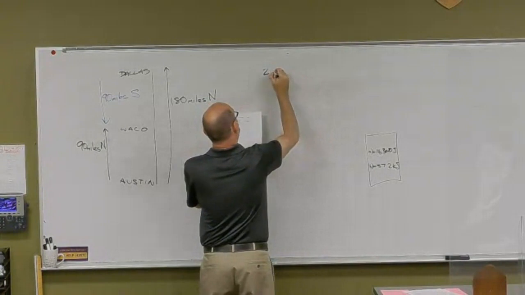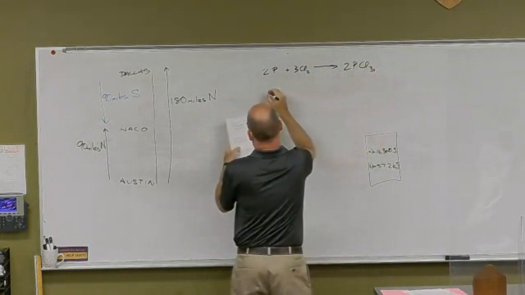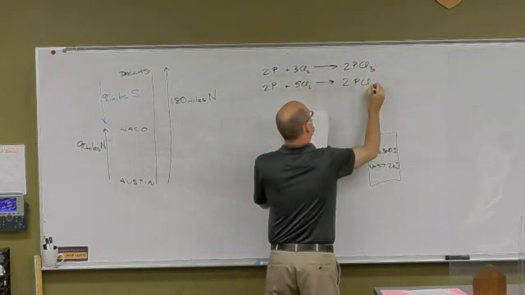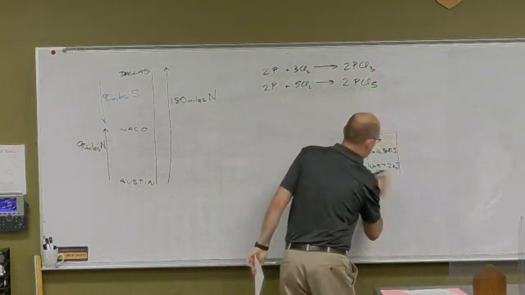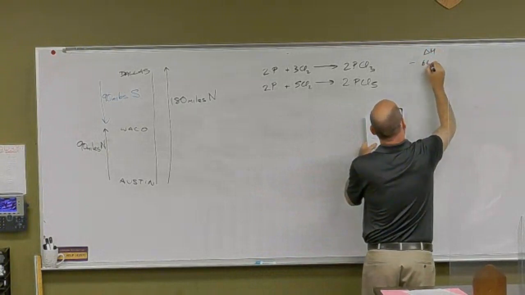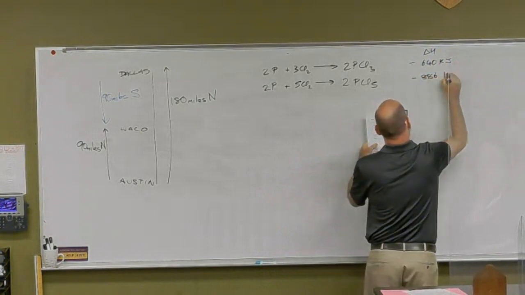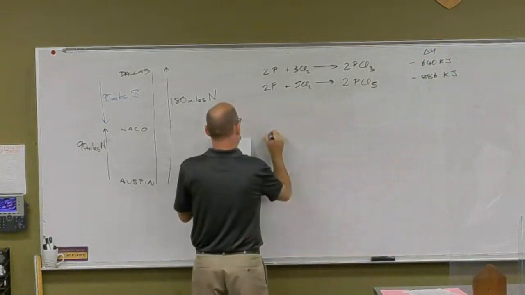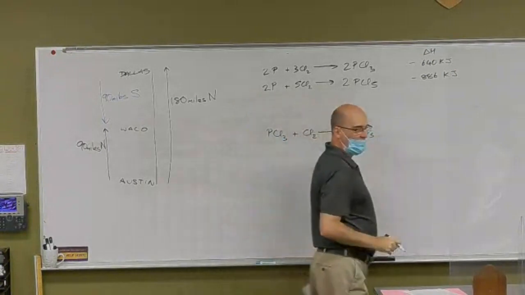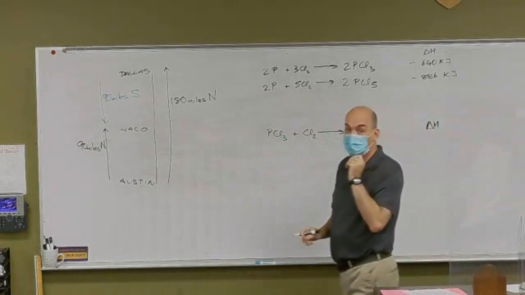I'm going to do it, but I'm going to show it to you. If you are told that the enthalpy change for that first reaction is 640 kilojoules exothermic, and the bottom one is 886 kilojoules exothermic, then you should be able to find out how much energy is involved in this reaction without even having to do it.